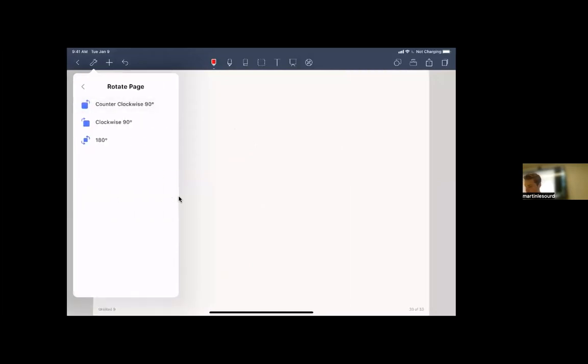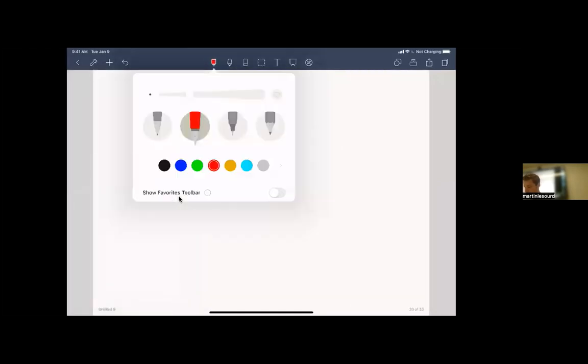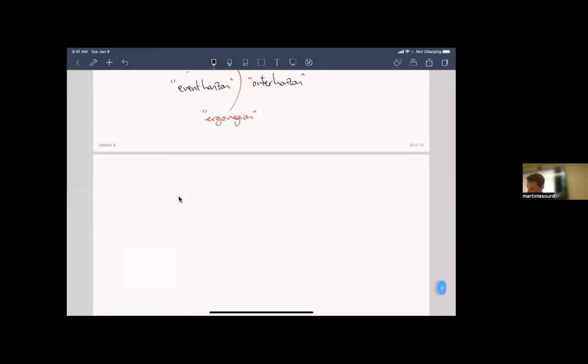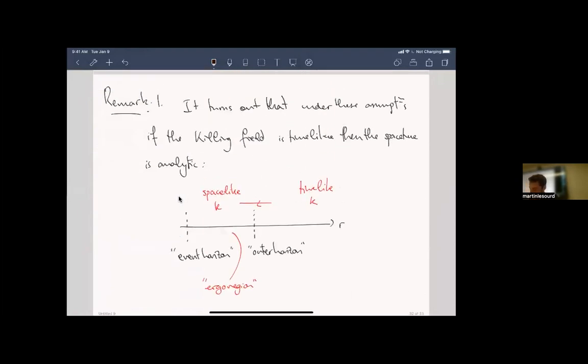Remark number 2 is perhaps more, it should make you feel that something fishy might be going on.